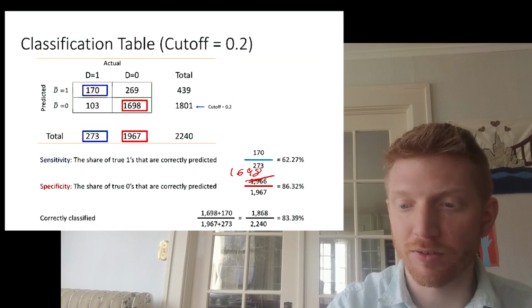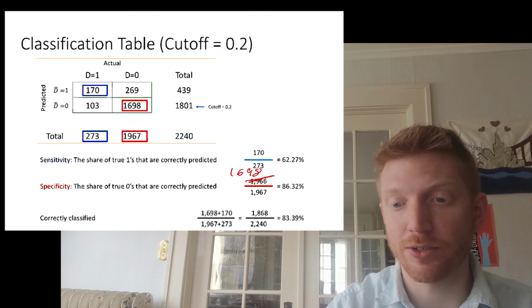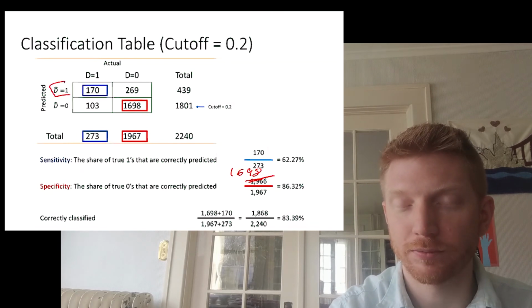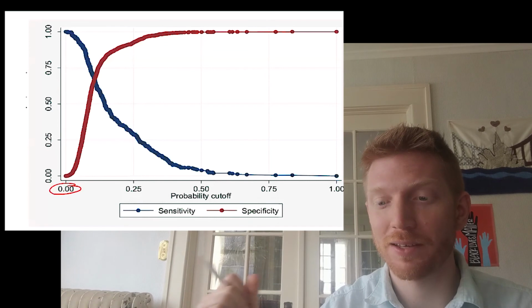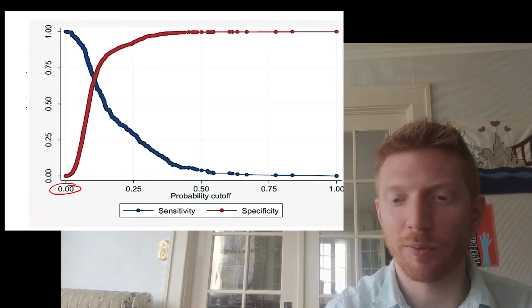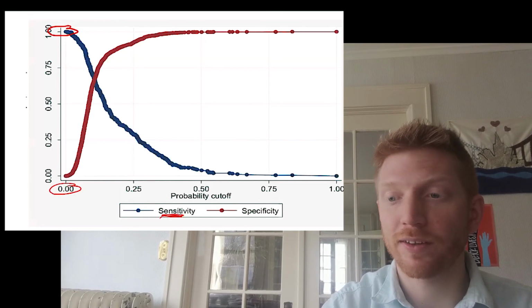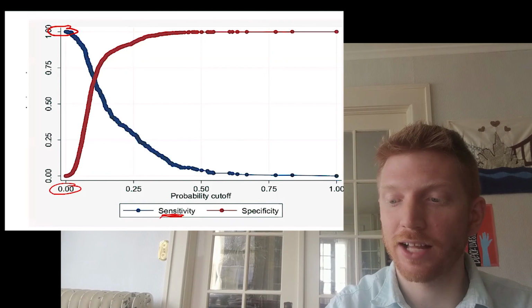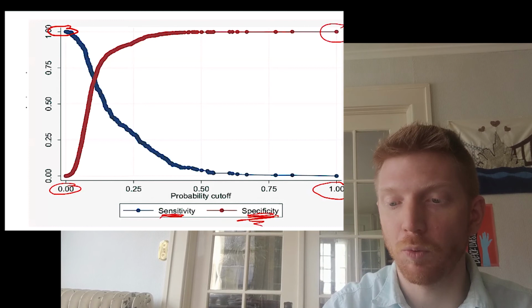If our cutoff is 0, then we'll be assigning everything into denial equals 1. So the sensitivity is the share of true ones. If we're classifying everything as a 1, because our cutoff is 0, then we're getting 100% sensitivity. If we go to the other extreme and classify nothing as a 1, then we are classifying all of our zeros correctly. So specificity goes to 1.